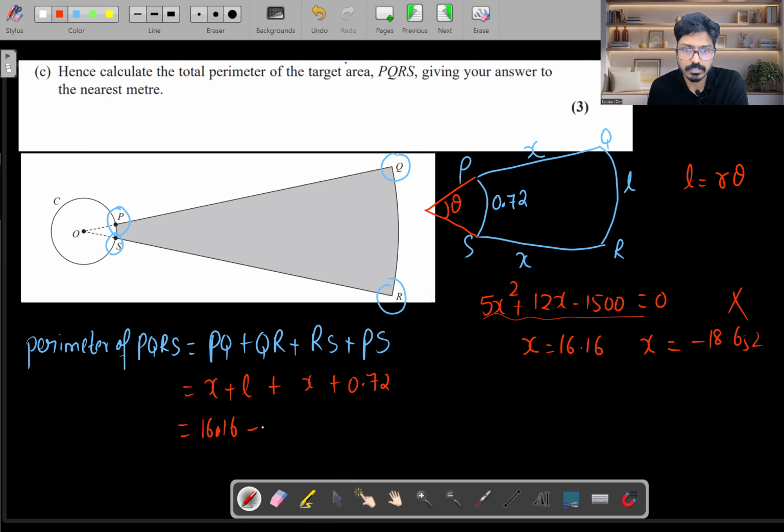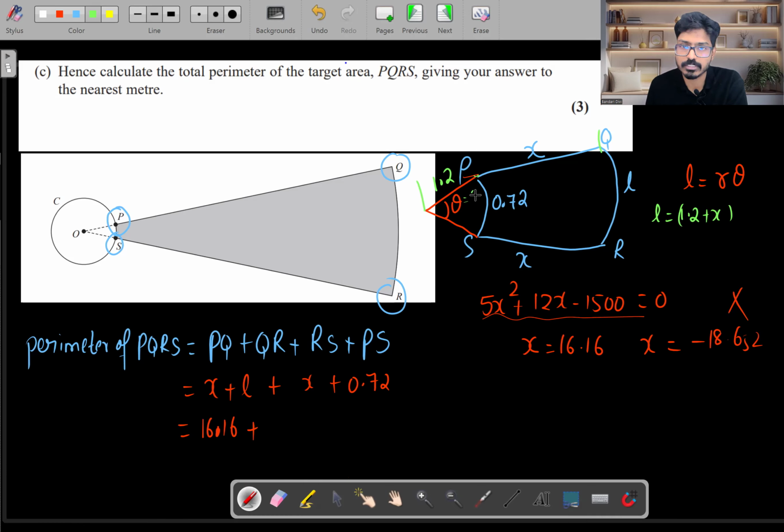So 16.16 plus our L value. Now we can find the L value by using the given sector, right? We can focus on only the green color here. So our r value will be 1.2 plus x, so L is equivalent to 1.2 plus x, multiplied by theta.